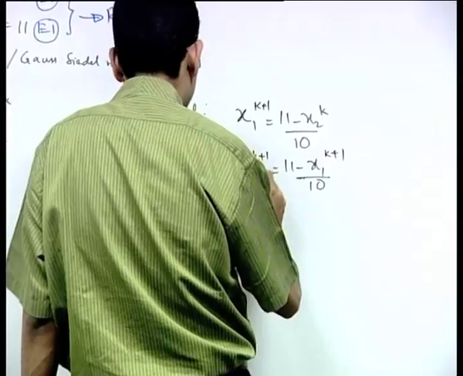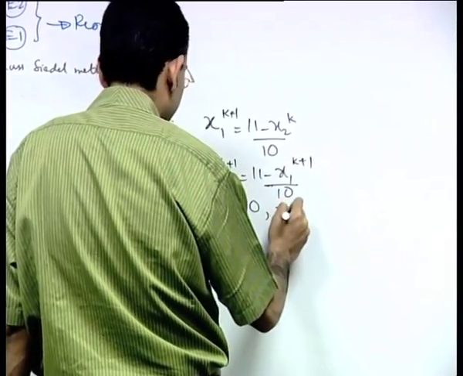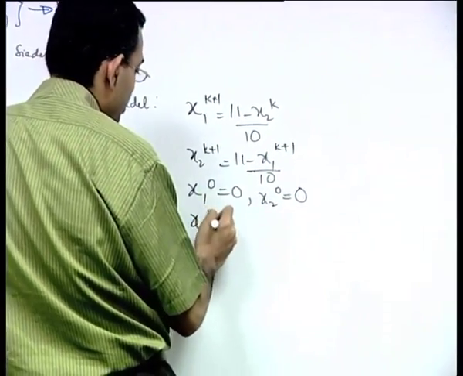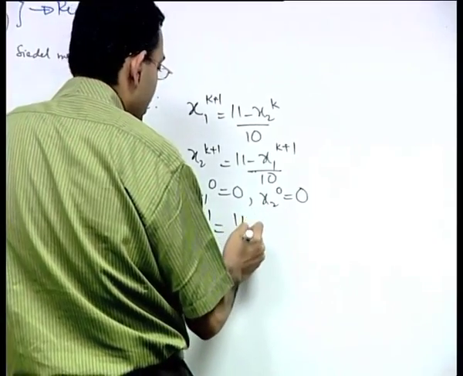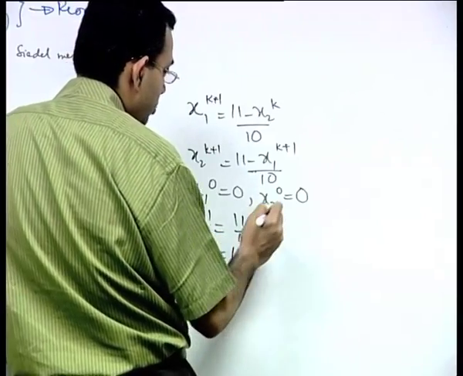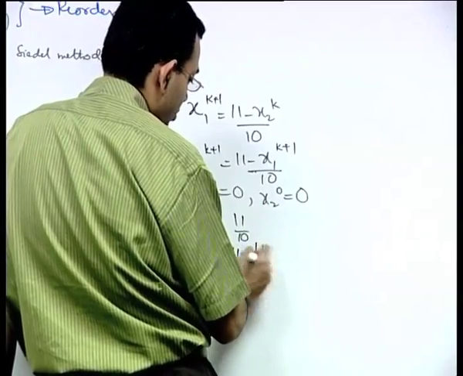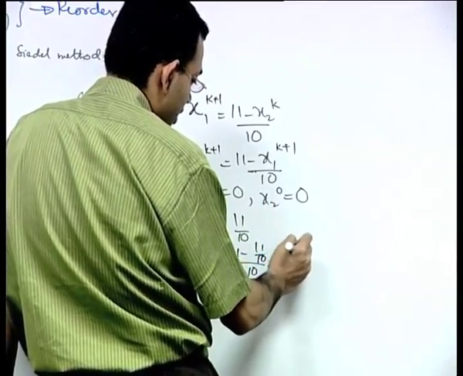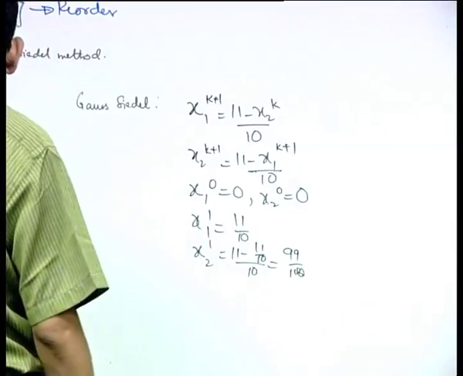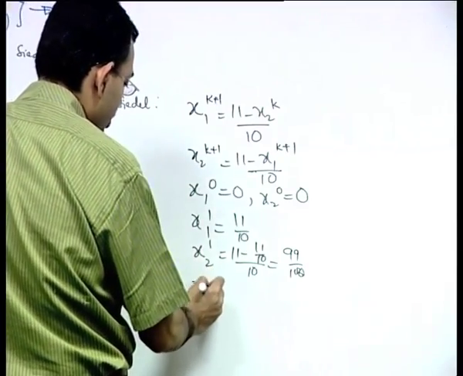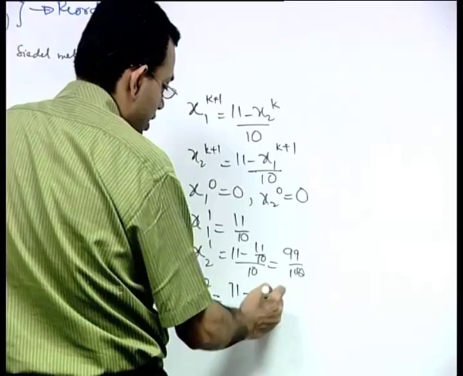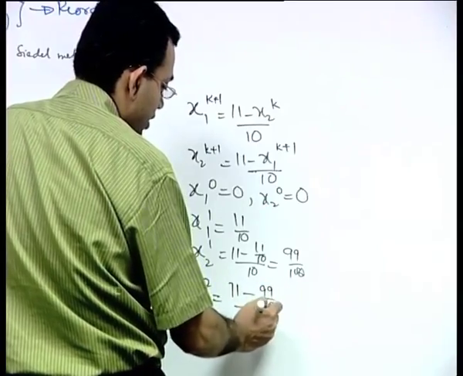Here also we may start with the initial guess of 0 0. So, x1 1 is equal to 11 by 10, x2 1 is equal to 11 minus 11 by 10, by 10. So, 99 by 100. Then x1 2 is equal to 11 minus 99 by 100, by 10.